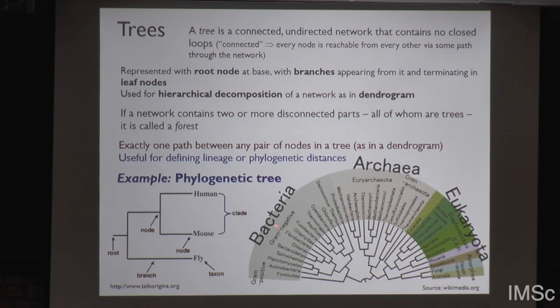Okay? So one very useful property of a tree is that there exists only one path between any pair of nodes. Okay? And this is useful to represent a lineage tree because that means that you can define an exact lineage distance between any two species.